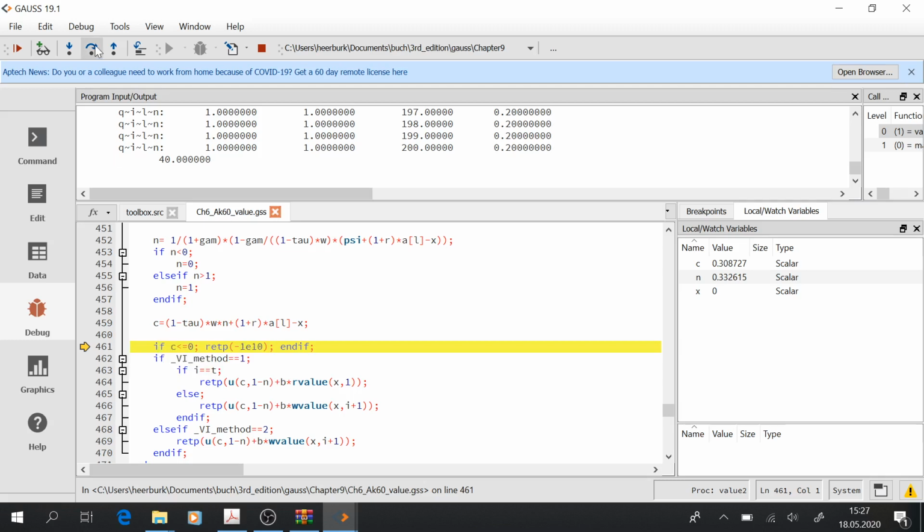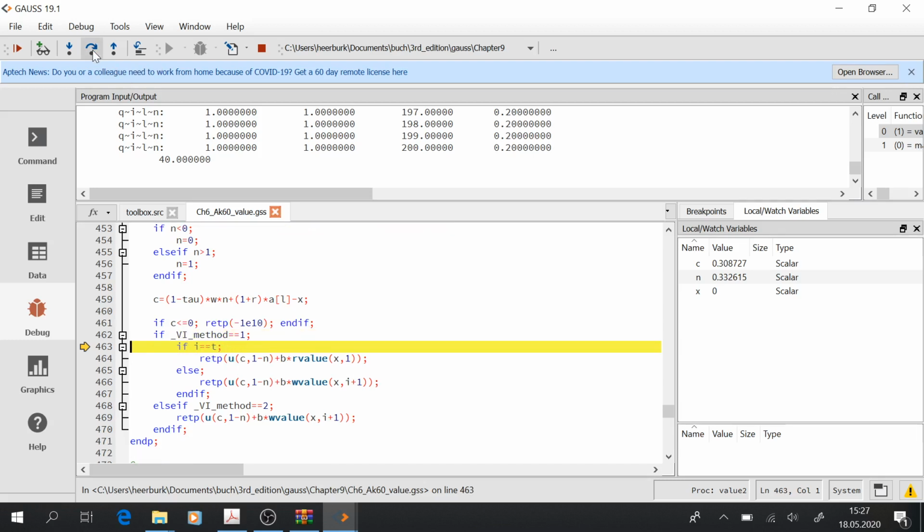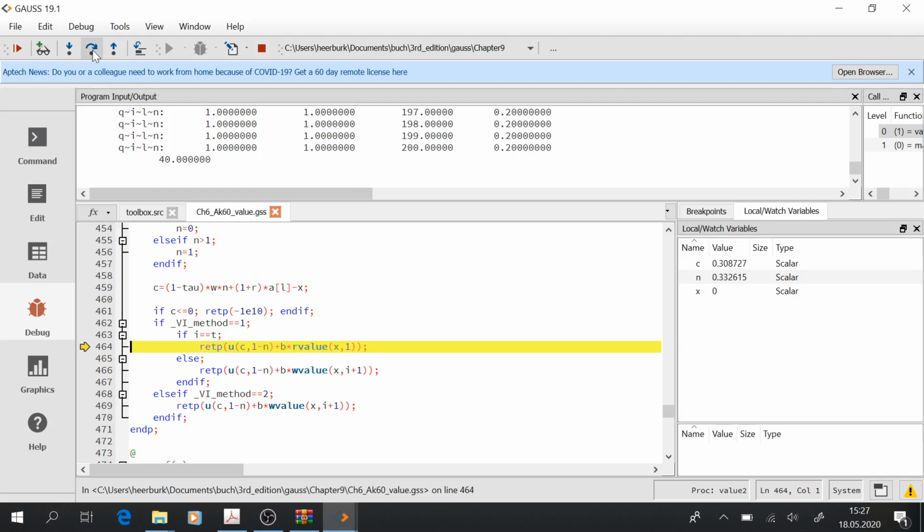It's larger than 0, so we have no problem that the computer code will bug. And we use linear interpolation, and the computation continues in line 46.3.